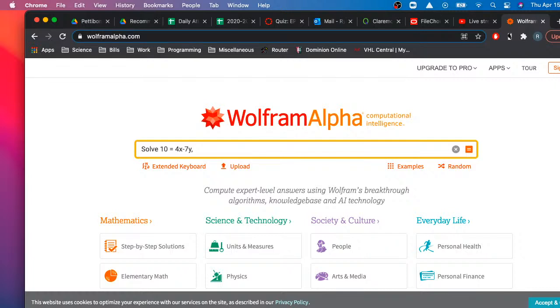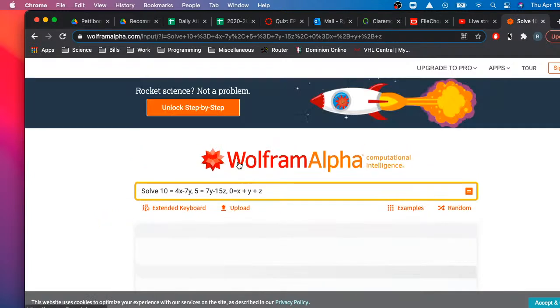I1 is x, I2 is y. 5 equals 7y minus 15z, and then 0 equals x plus y plus z. So those are the three equations. I just typed them in. So now let's see what Wolfram Alpha can do.